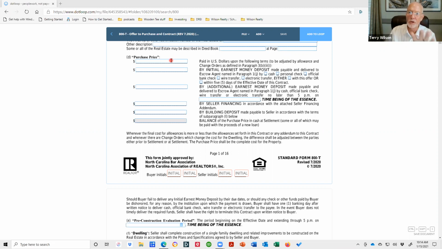If I ask the builder to build me a house and he's going to sell me the house for $250,000, which includes the cost of the land, I'm not going to give him $250,000 up front, because he could take the money, walk away and not build the house and steal my money.